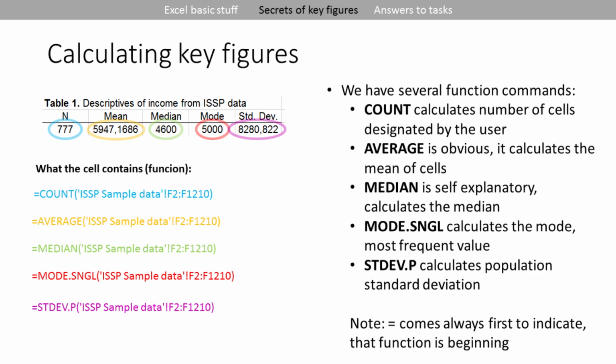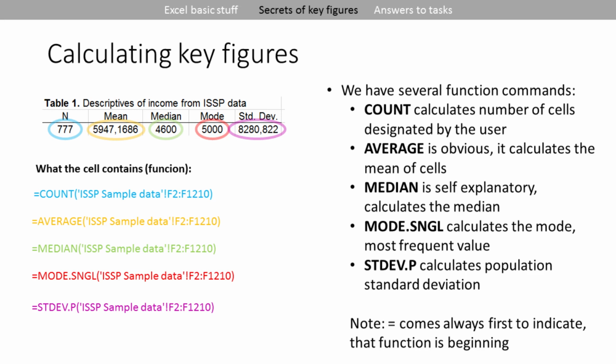And STDEV.P, that's a nice thing to say, calculates the population standard deviation. The equal sign comes first to indicate to Excel that the function is beginning. And I have color-coded how the functions are written there.